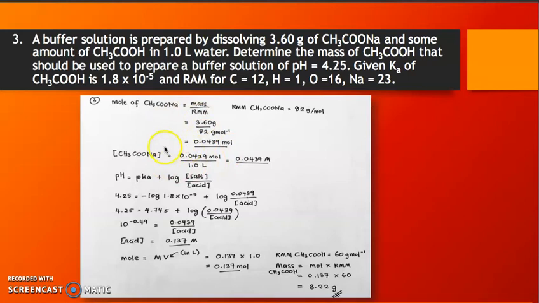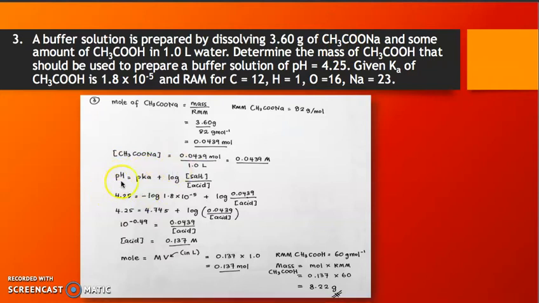If you identify the concentrations, the brackets here mean concentration, which must be in mole per liter or mole per cubic decimeter. The volume here is 1 liter, and mole divided by volume gives 0.0439 molar.